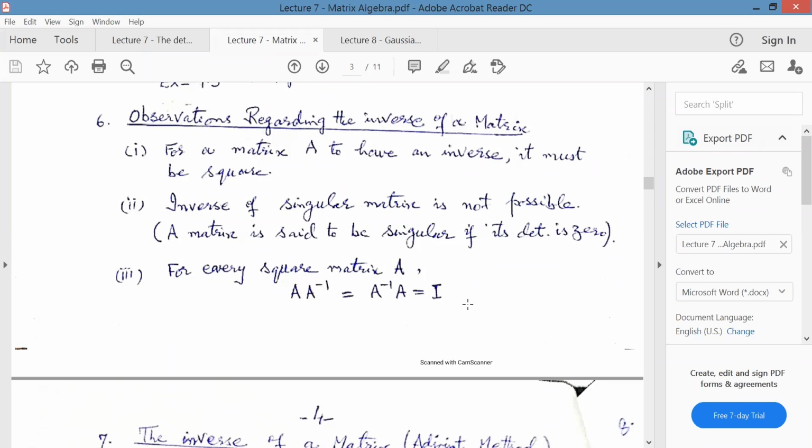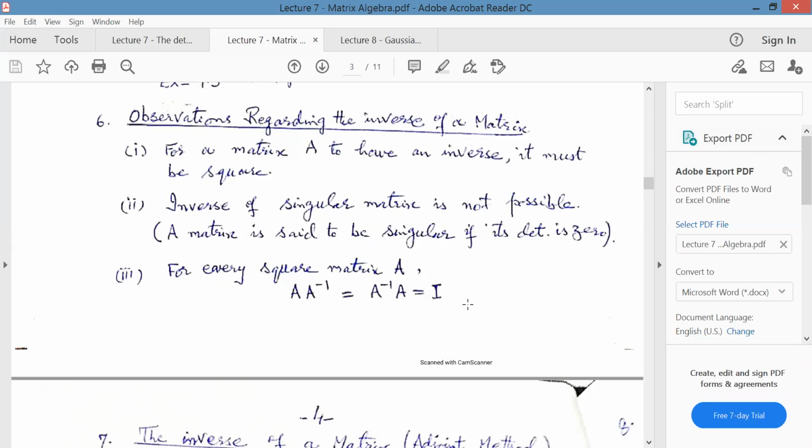You know identity matrix is what? In which the principal diagonal, from top left corner to the right bottom, the elements should be 1 and the remaining every entry should be 0. That is the identity matrix.